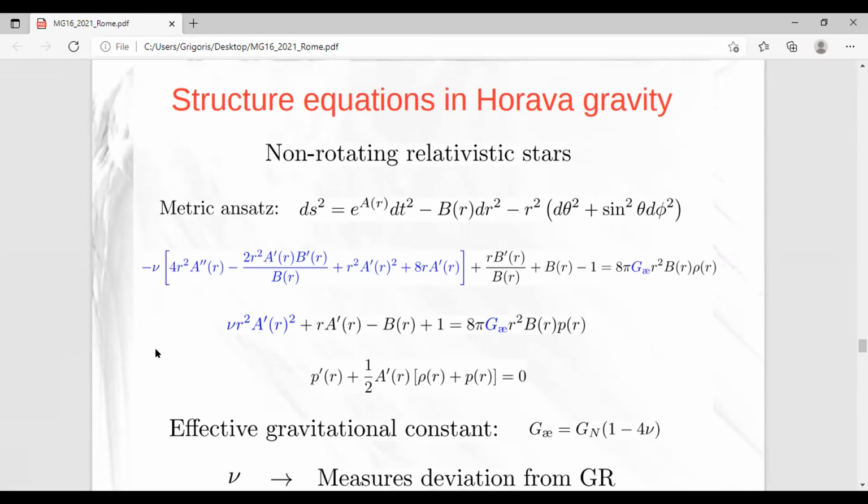When you take this metric, you already use all the freedoms of spherical symmetry. Then you consider static aether. My second question is, what happens if you consider aether that always has a radial direction? If I remember correctly, Jacobson and Mattingly consider static aether, which means the aether is always along the t direction.